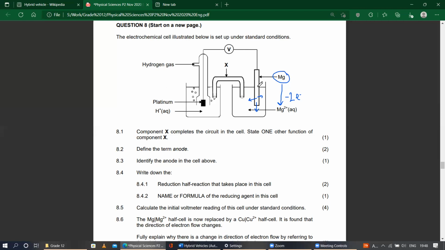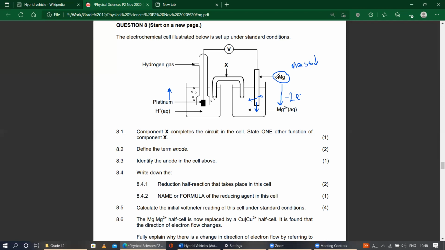Meaning that this metal is gonna lose its mass. So its mass is gonna decrease. Its mass goes down on the anode. But on the cathode, the mass is gonna go up because it's gonna receive electrons. That's why we say it's reduced, and this one is oxidized.